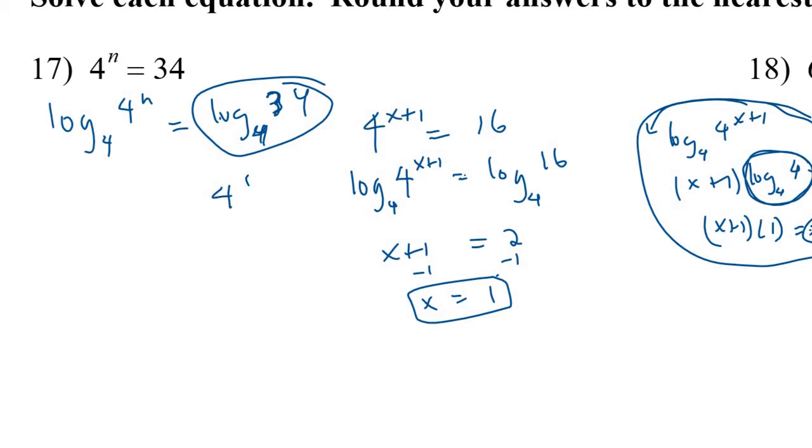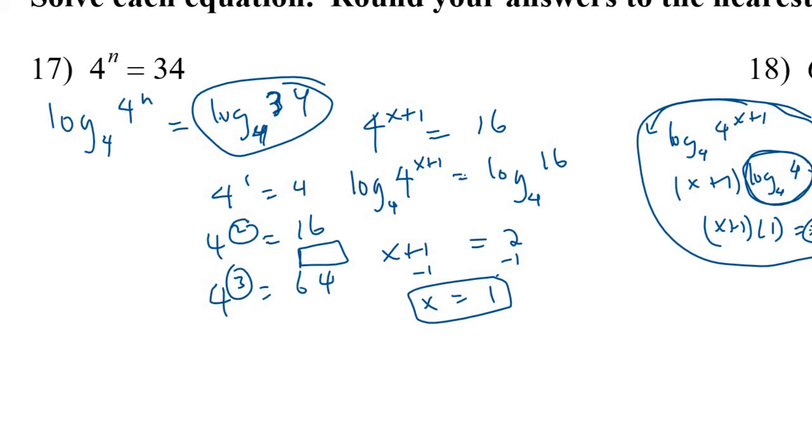Let's try. 4 to the first power is 4. 4 to the second power is 16. 4 to the third power is 64. So 34 is somewhere here. So the answer I'm looking for is between 2 and 3.